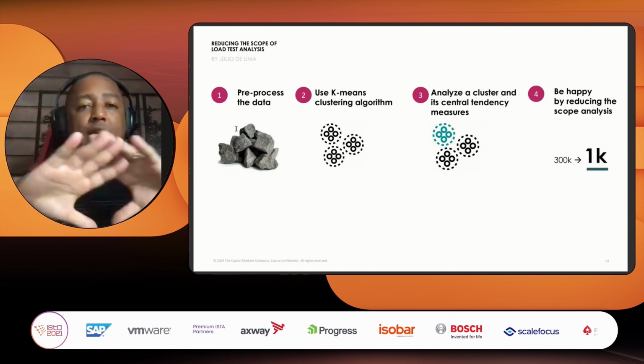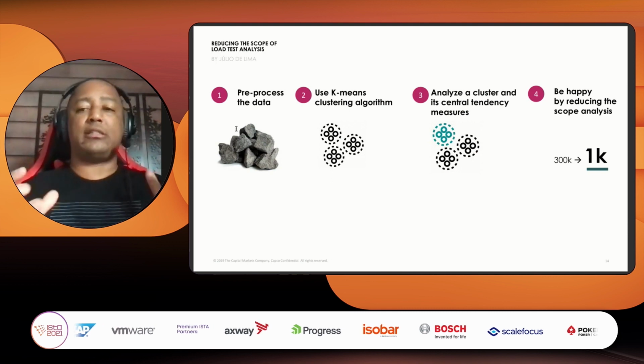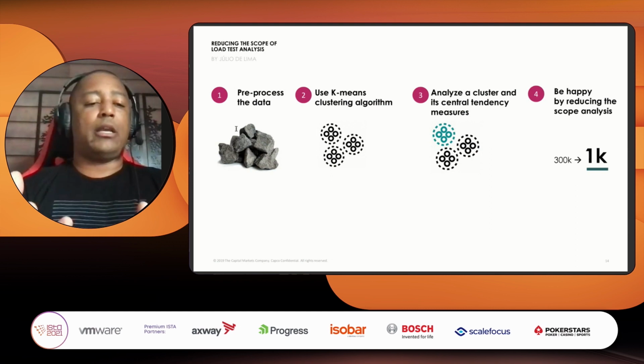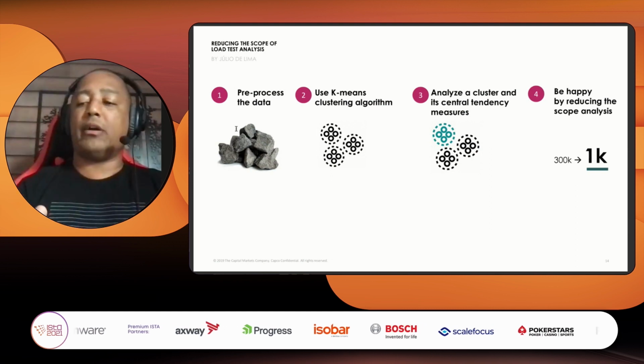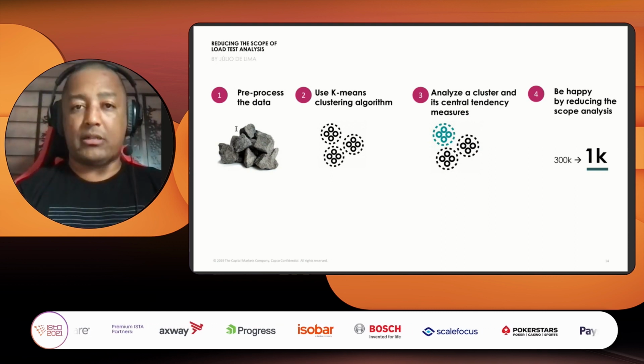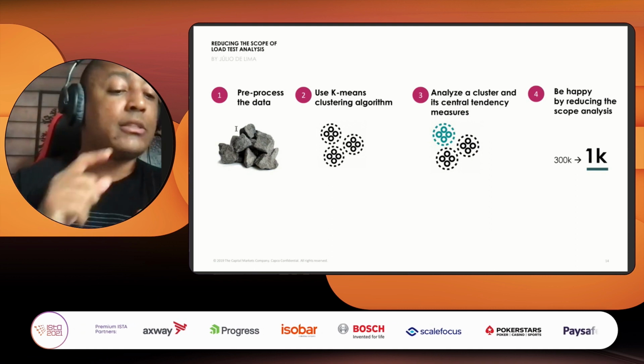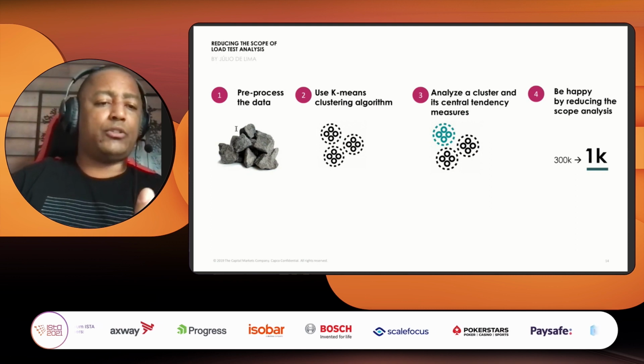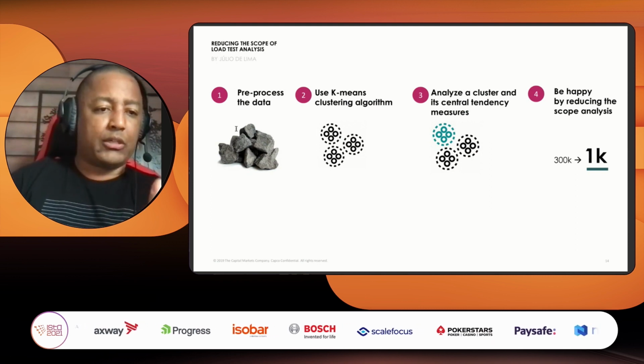So let's imagine that I got a result from a load test analysis, and then I start to put some records in buckets. And these buckets have information that is similar. So I start to look at this. Oh, this is the bucket of fast velocity to receive, to respond, and to connect.